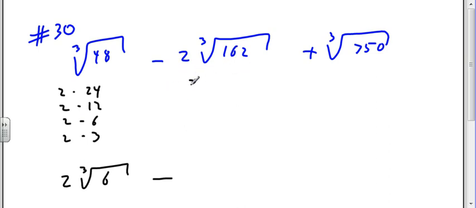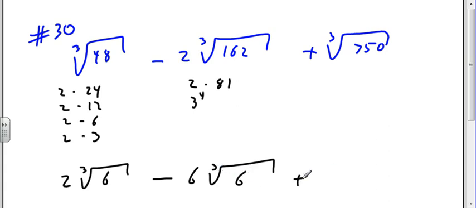So that's 2 times 81, which would be 3 to the 4th. Okay, so that'd be 6 the cube root of 6.